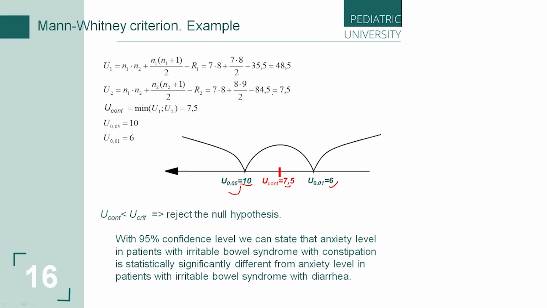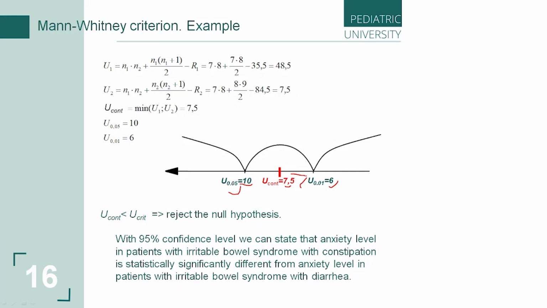So we plot our axis and mark our values here. The value of 7.5 is less than the critical value for significance level 0.05, but more than the critical value for significance level 0.01. So we reject the null hypothesis.